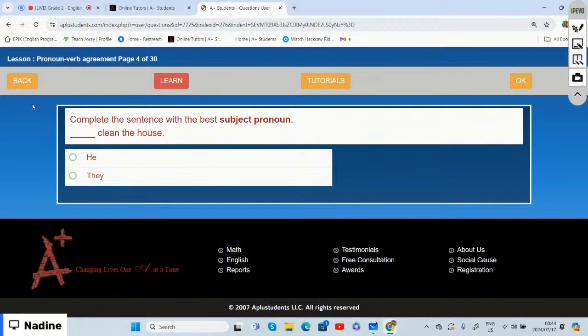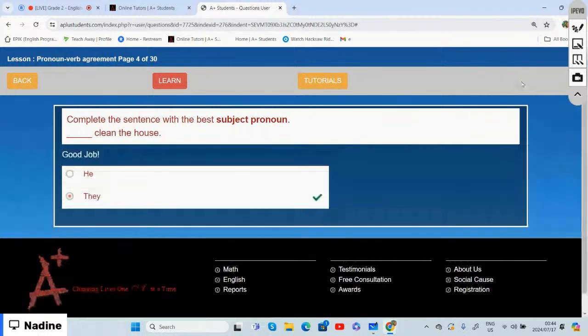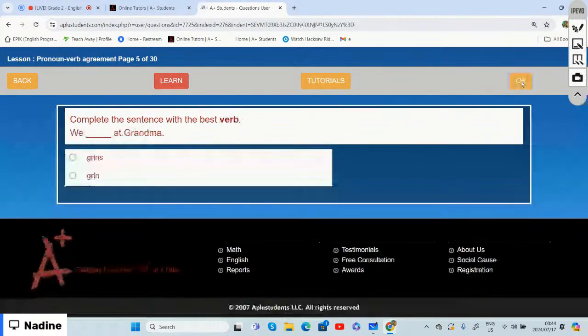And if we were to choose the correct one, we will say they clean the house. Clean is a verb and it does not end with an S. We, it refers to more than one person.